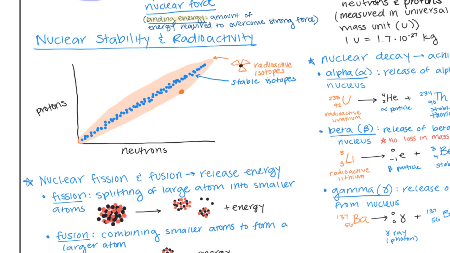So what it wants to do is find a way to get to a more stable version of that atom by getting rid of some neutrons. So we'll talk about ways that atoms can shed neutrons or increase the number of neutrons within their nucleus to become more stable forms of that atom, more stable isotopes.